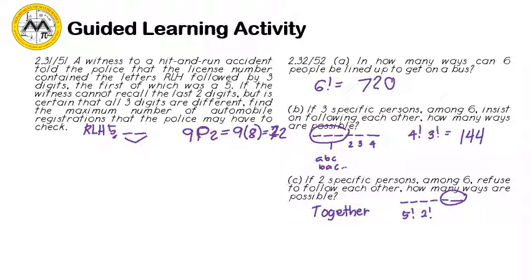So if you're going to have them away from each other, it would now be equal to the total of 6 factorial obtained from the first problem minus 5 factorial times 2 factorial. So the evaluation of this is left for you to do.